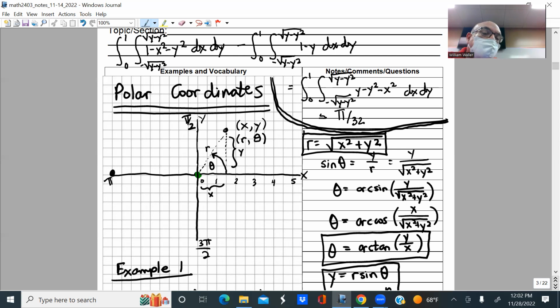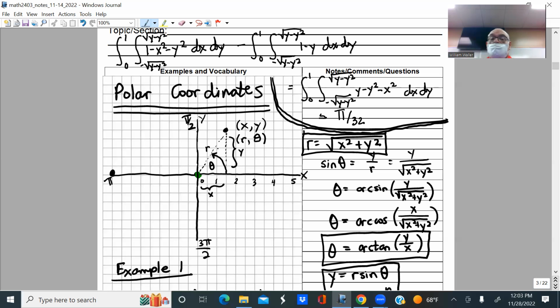In polar coordinates, you're going to locate a point by giving its distance back to the origin as one of the coordinates. That coordinate is usually labeled the R coordinate in polar coordinates instead of the X coordinate. R is just short for radius.